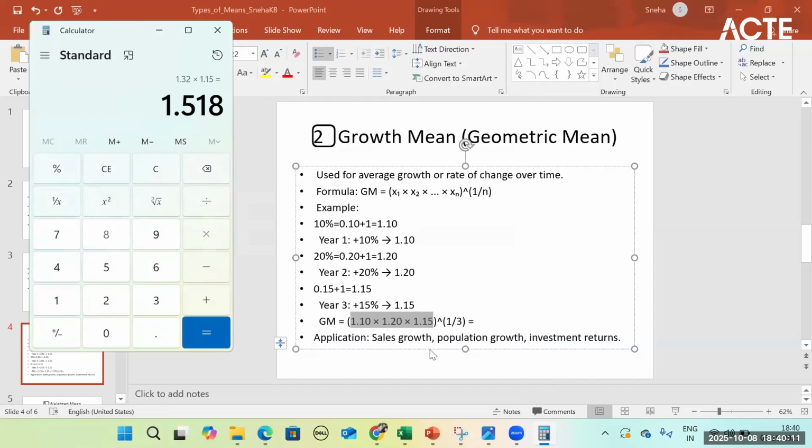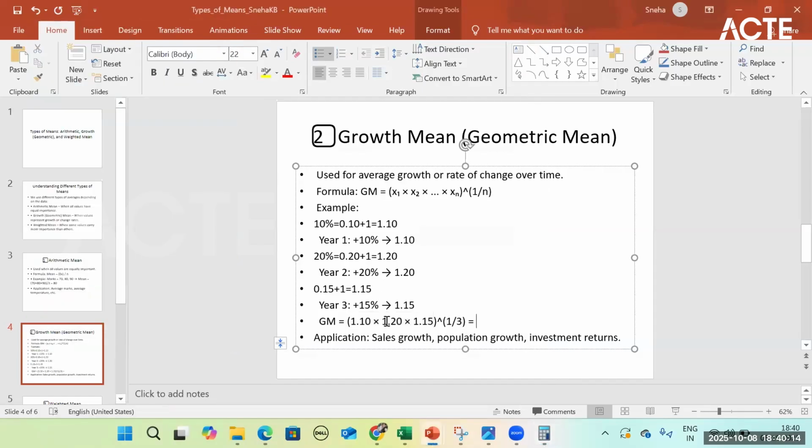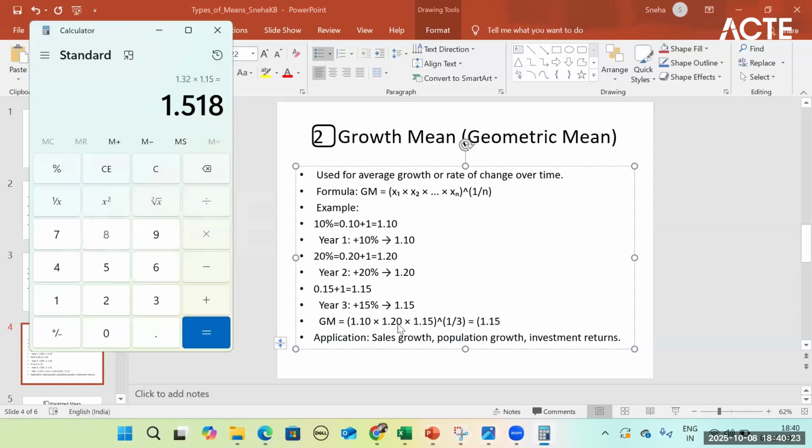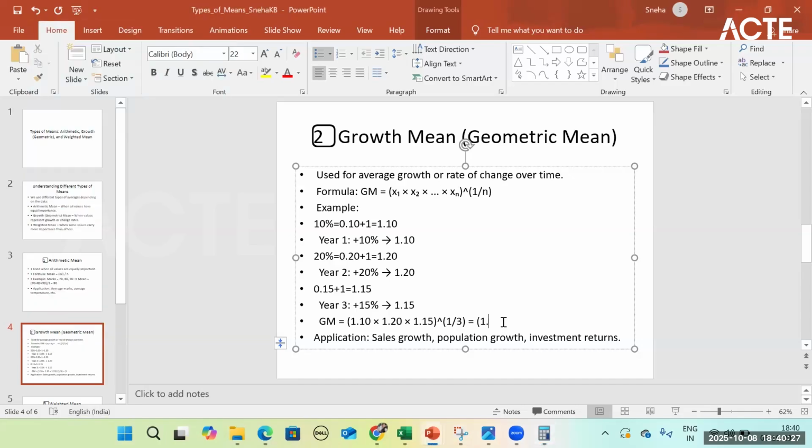Okay. Then 1.518, and to the power of 1 by 3. If it is 1 by 3, I can write it as 0.333. So calculate this.